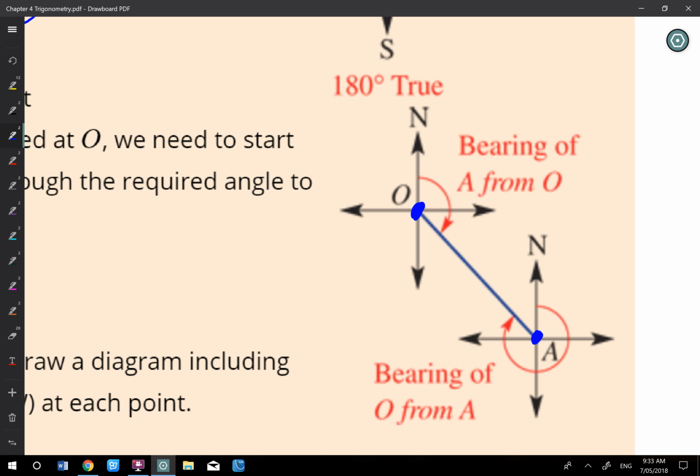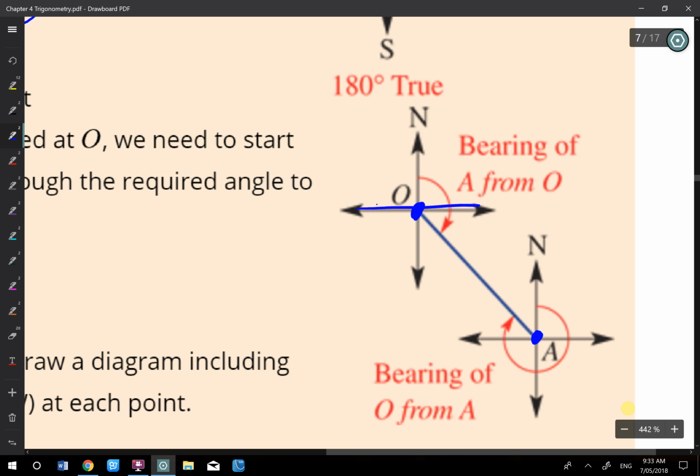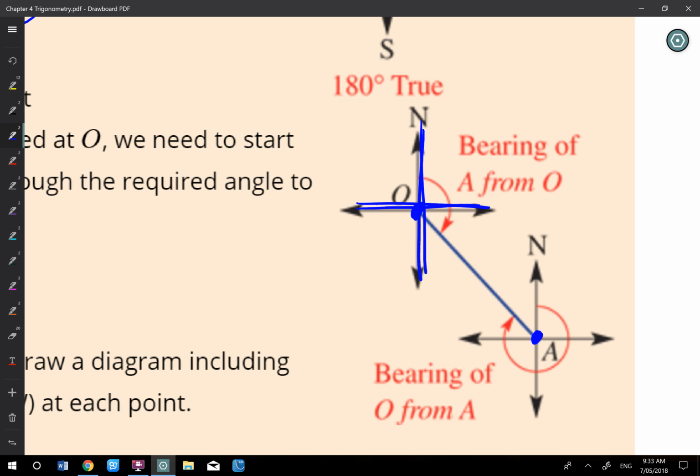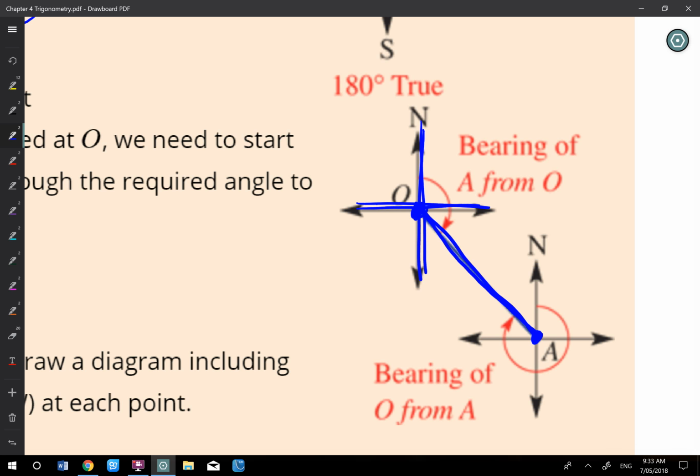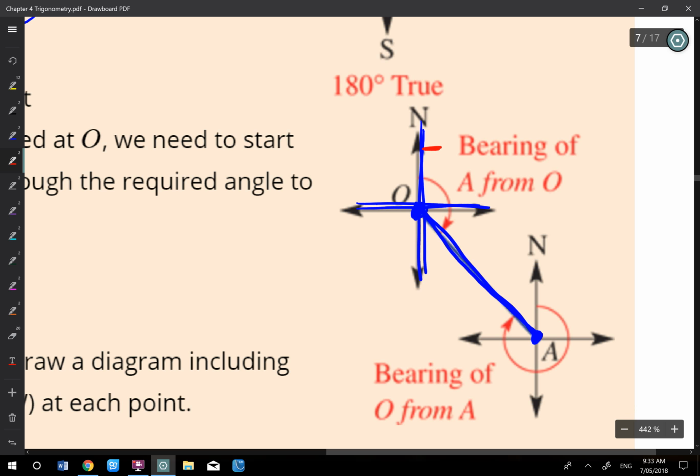If it's from O, we draw this compass, this cross, at point O. We draw the compass at the point we measure from, and then we connect those 2 points, O and A. Now the compass has north.